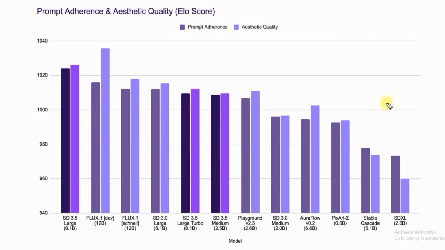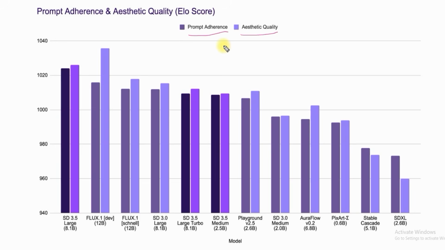So let's talk about what makes Stable Diffusion 3.5 really stand out. There are two points for the comparison: prompt adherence and aesthetic quality. Prompt adherence means how well the AI sticks to what you ask for.